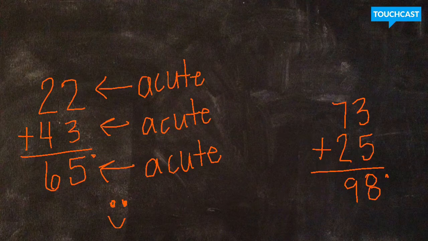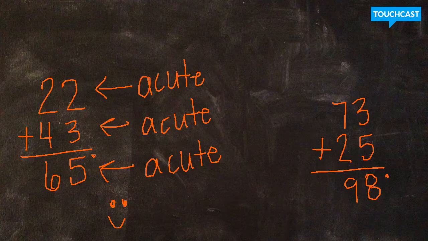How did you do? Were you able to find an acute angle based off of your sums? Here is my example. On the left-hand side, you're going to see 22 degrees plus 43 degrees equals 65 degrees. All of these are acute angles, so that follows my guidelines.